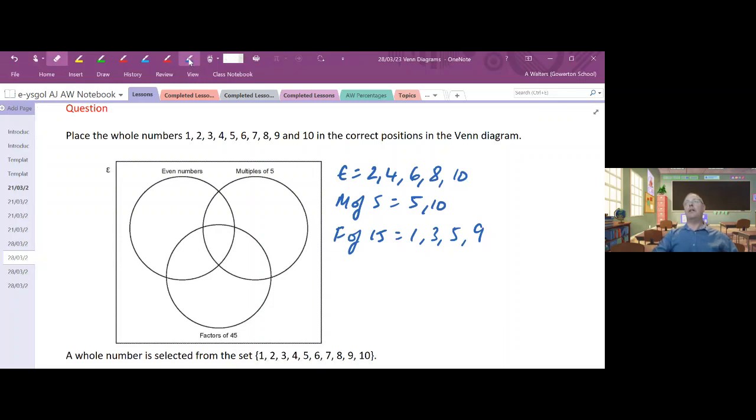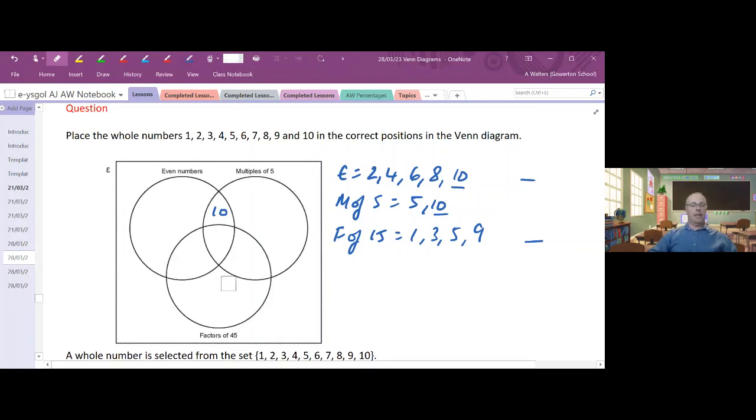However, if I look at things individually now, if I look at the even numbers and the multiples of 5, these exist. The number 10 is an even number and it's a multiple of 5, so I'm going to put 10 in there. If I look at the even numbers and the factors of 15, there's nothing to go in that spot, but you shouldn't put a cross in there.